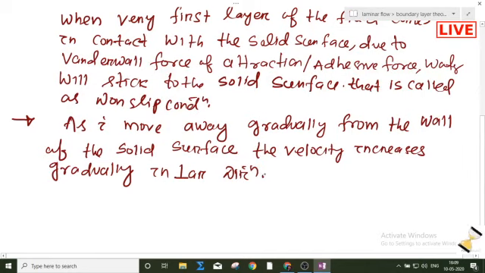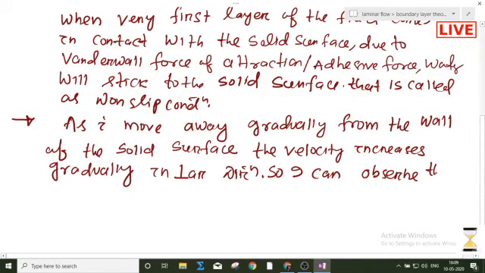Okay, in the perpendicular direction. So what I observe is that there is a relative velocity in this zone.